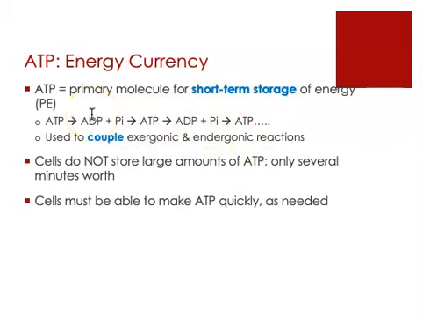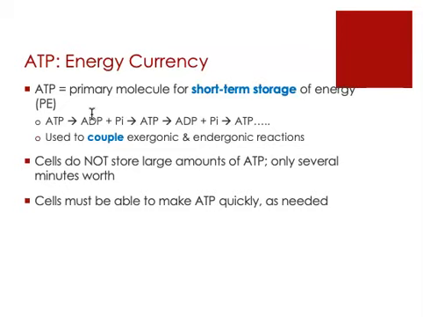In other words, the ATP molecule is used to couple the different categories of metabolic reactions that are going on in the cell. ATP is used to couple exergonic reactions with endergonic reactions, the reactions that are releasing energy with the reactions that require energy.